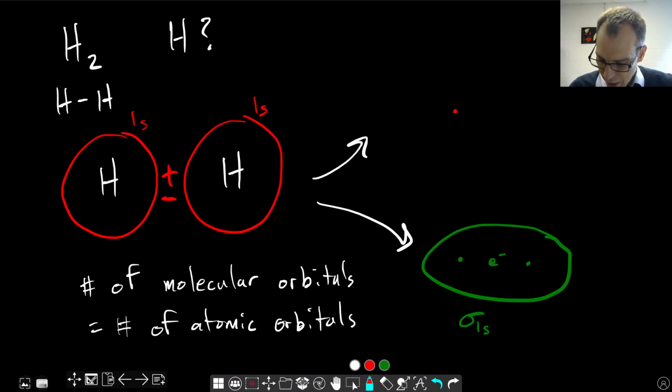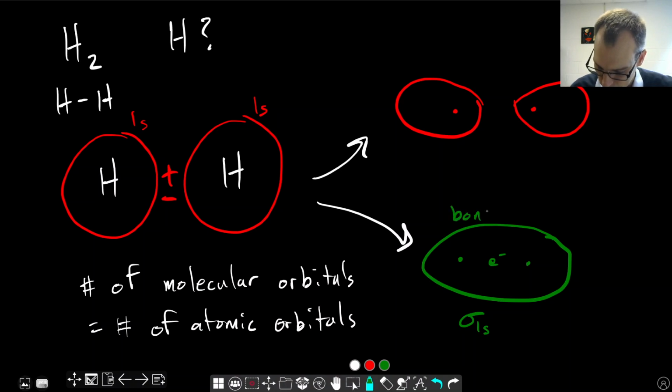Now, when we subtract them, we will get an orbital that looks something like this. It's supposed to be symmetric here. And this is what we call, so our green one down here, this is a bonding orbital. And our red one on top where we subtract, this is our anti-bonding orbital.